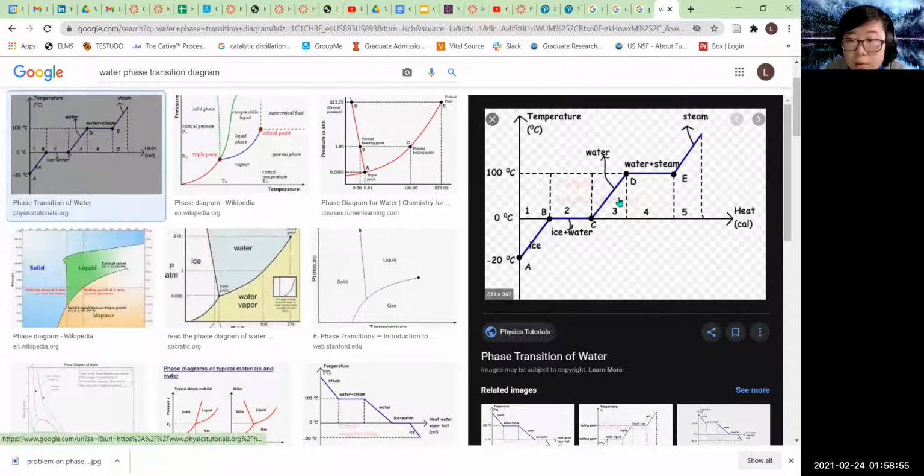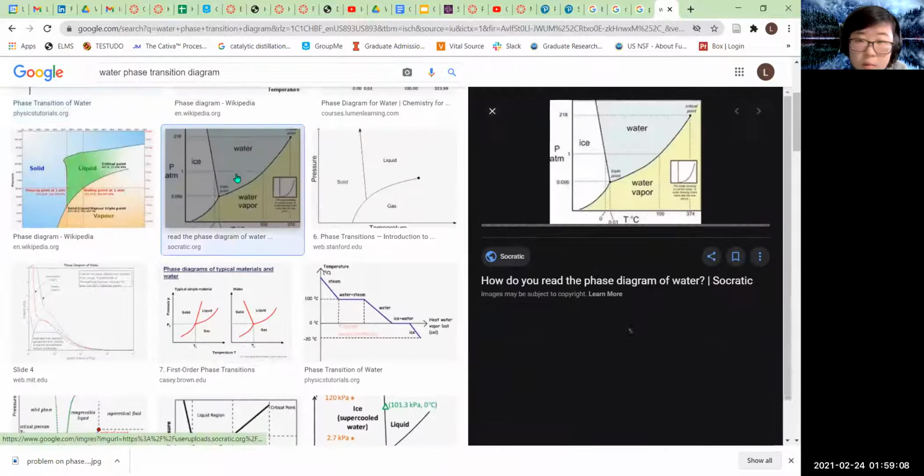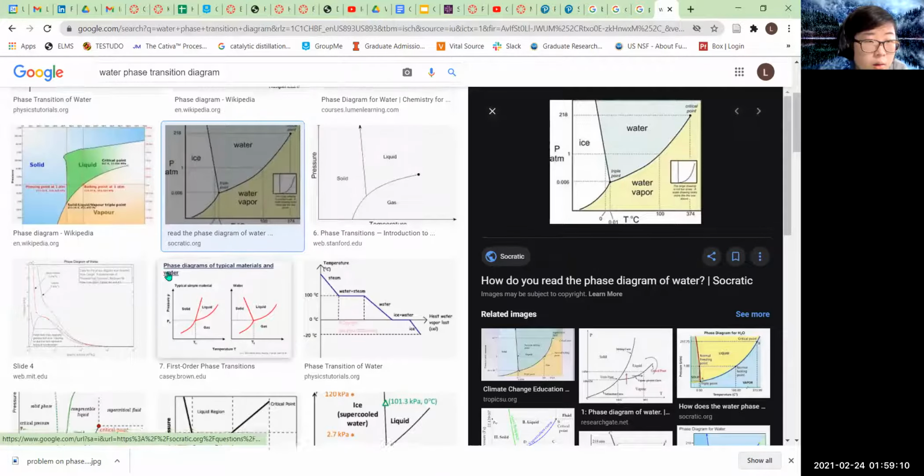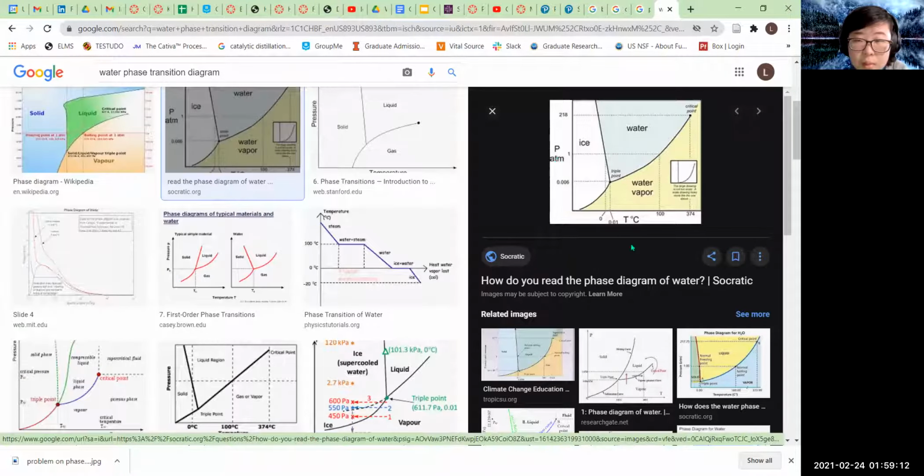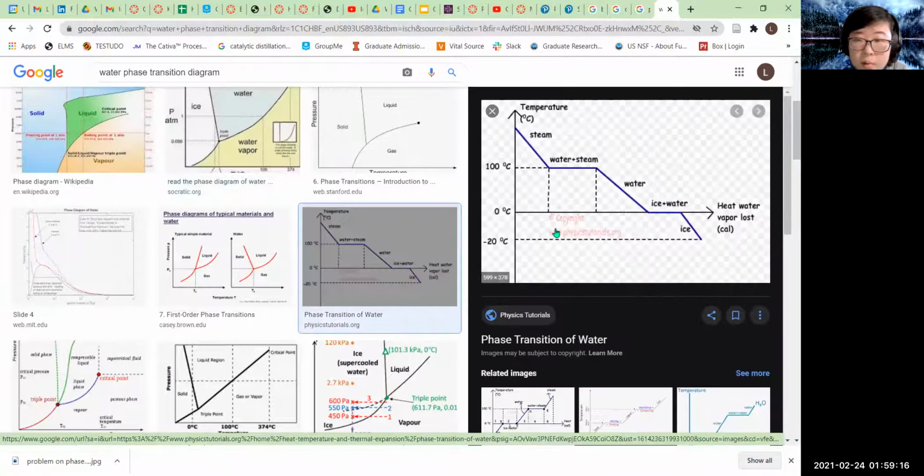As you can see here, for instance, this is the phase transition of water, and you can see its temperature as a function of heat, or it can be as a function of time. I think some of them show time, perhaps. This is the phase diagram of P versus T, but we're just looking at heat versus temperature.